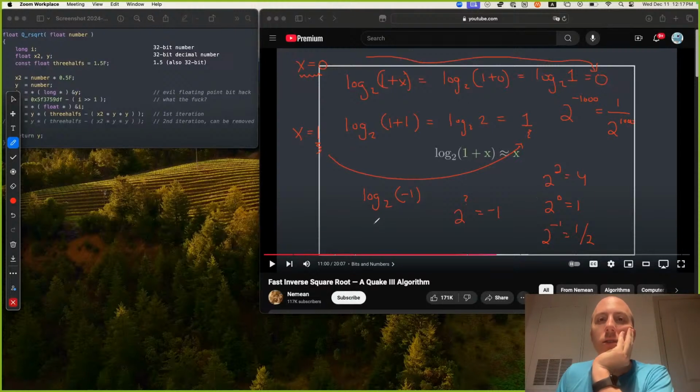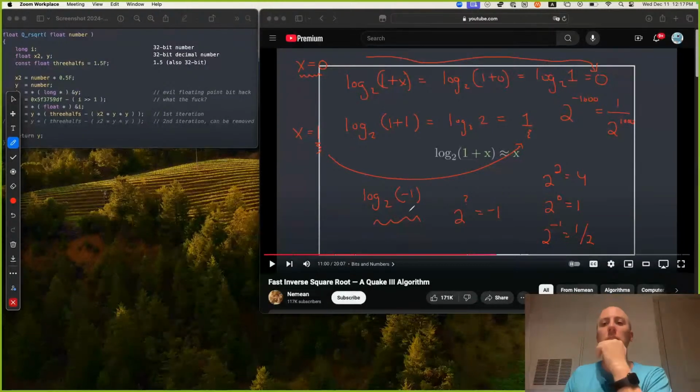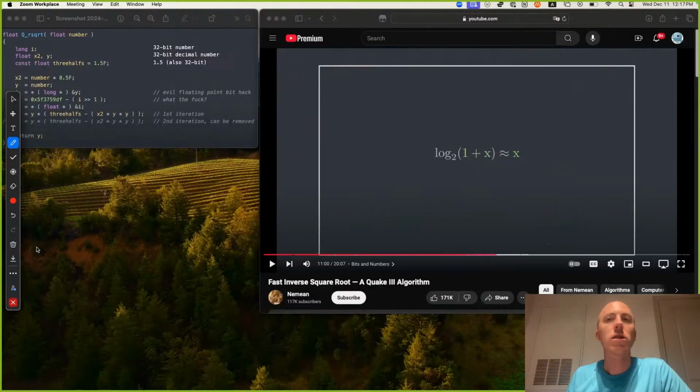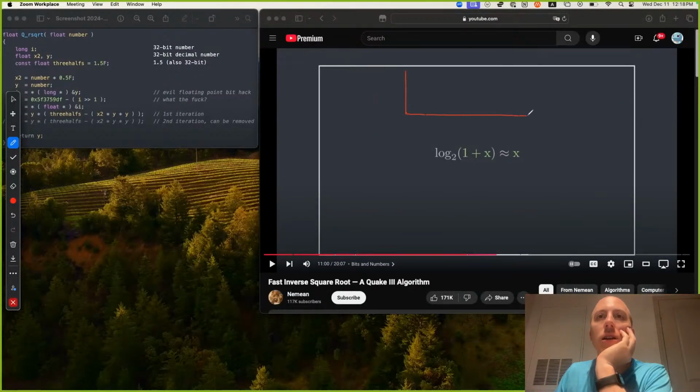So you can't have negative values for log. Log of 0 is undefined, but log of 1 is 0.